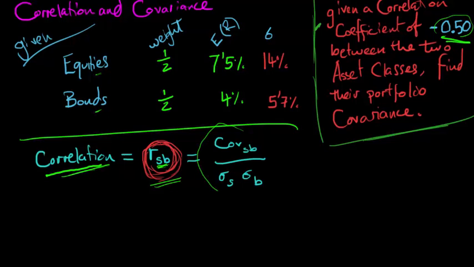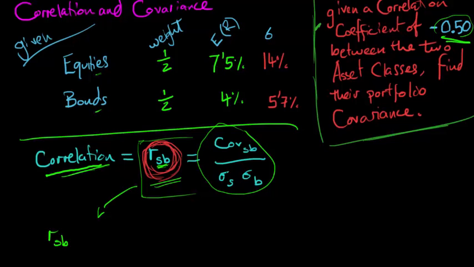So given this, if we rearrange the formula, we can multiply both sides by the standard deviation of stocks, S. So the S here represents stocks and B bonds.